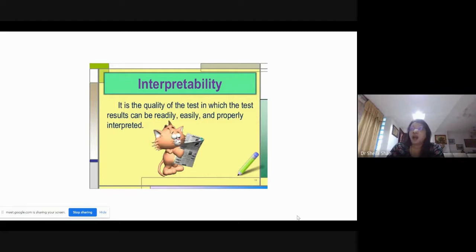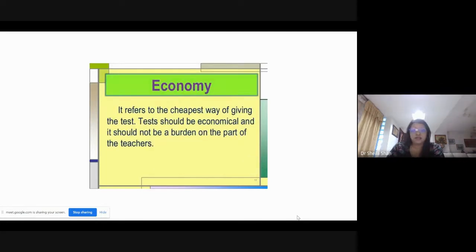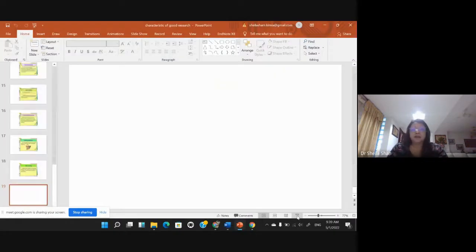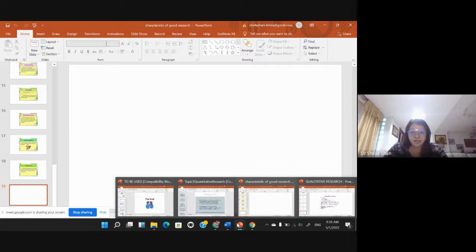That is very important. Running the test is not so important. How you interpret the results. And of course, the cheapest way, in your proposal, you need to present whether your research is very economical. We try not to burden the researcher. So these are the characteristics of a good research.